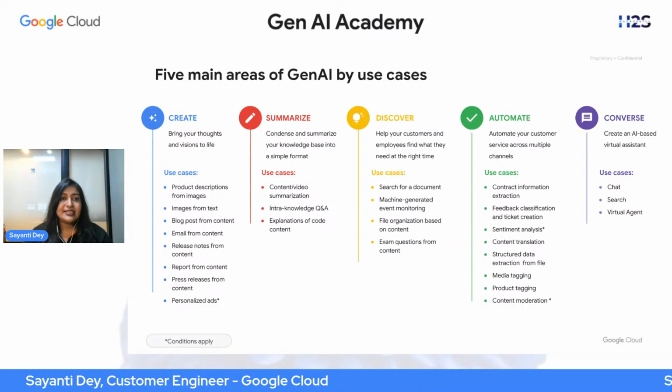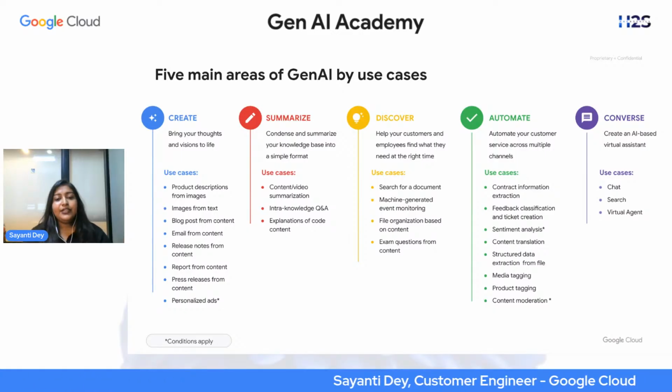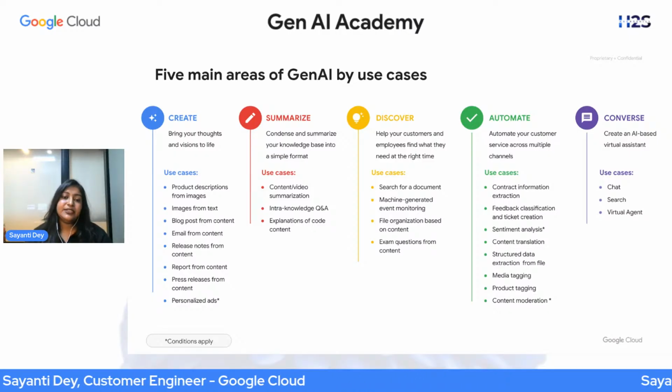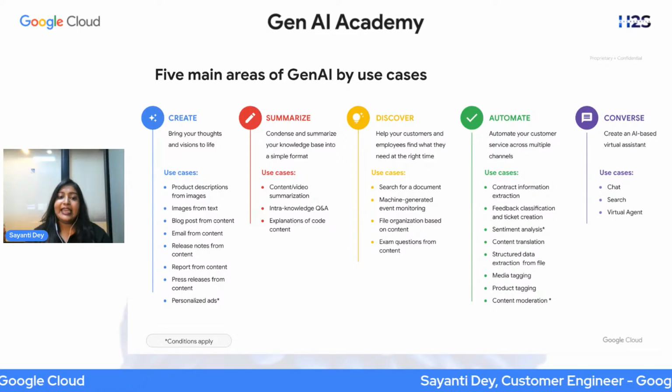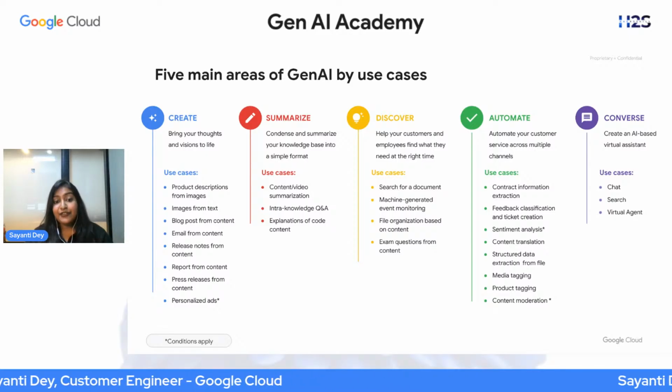Now let's go to the main areas that we see. If we look at the top areas of Gen AI implementation today, it's across industries, be it retail, financial services, media, entertainment, healthcare, and so on. Gen AI is being used for creating product descriptions, reports, blogs, advertisements, images, as well as videos.